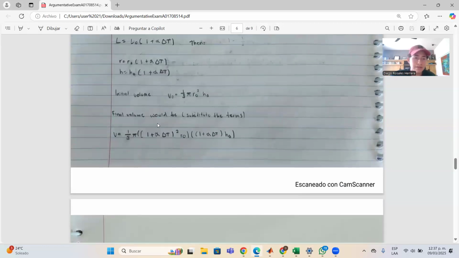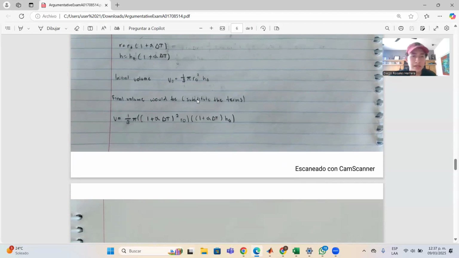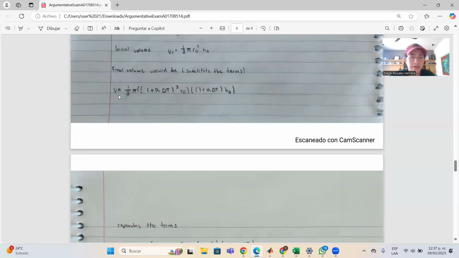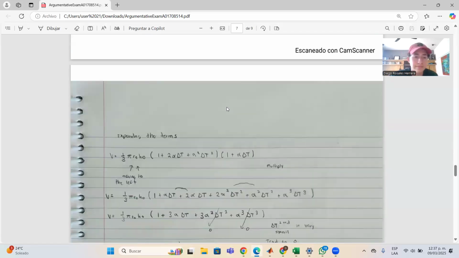Now I'm going to use this in order to get the delta V. So the initial volume, I'm going to calculate with the same equation, just naming the R and the H R0 and H0. So as you can see here, the volume is 1/3 pi times the difference in the radius and the difference in the height.